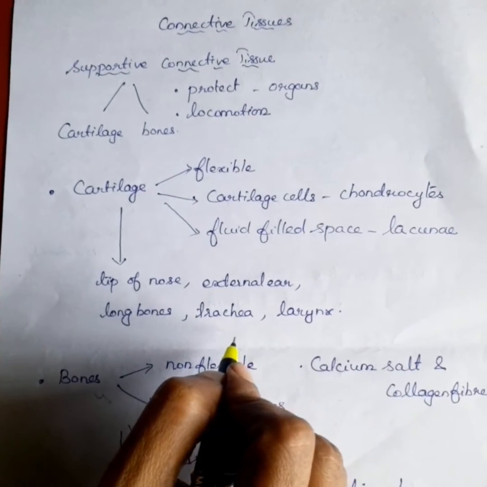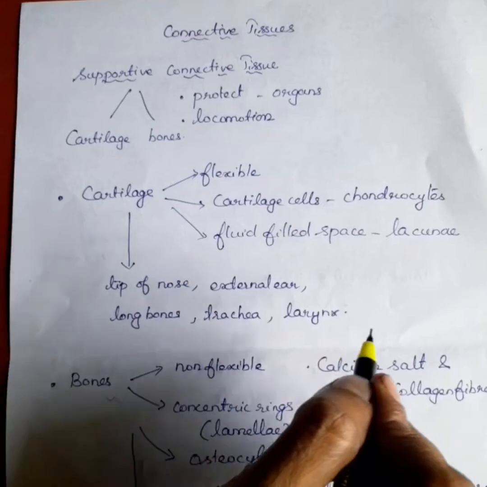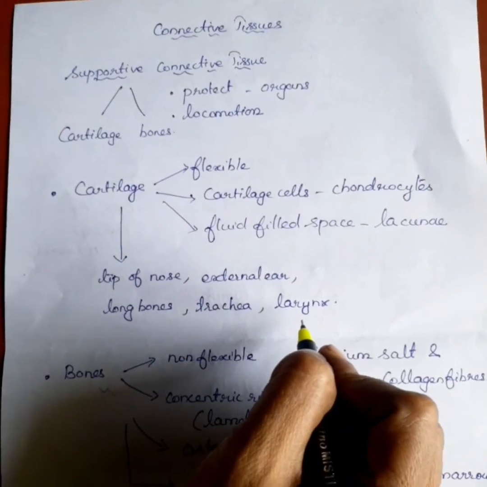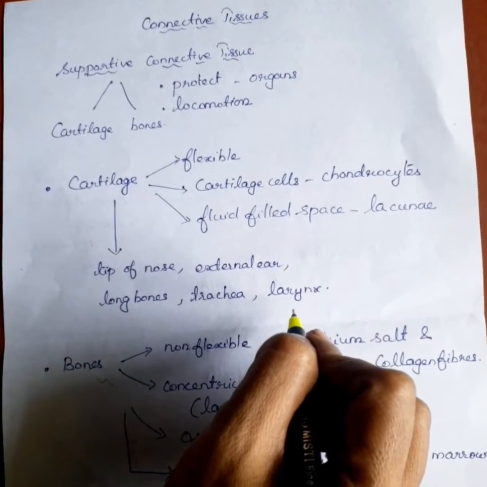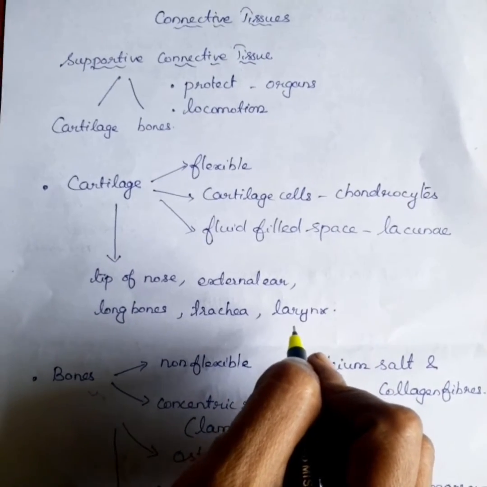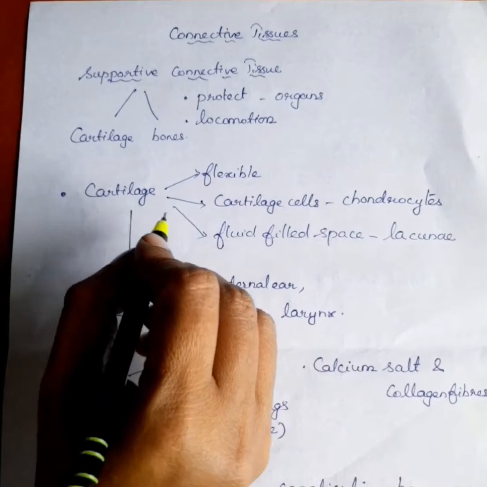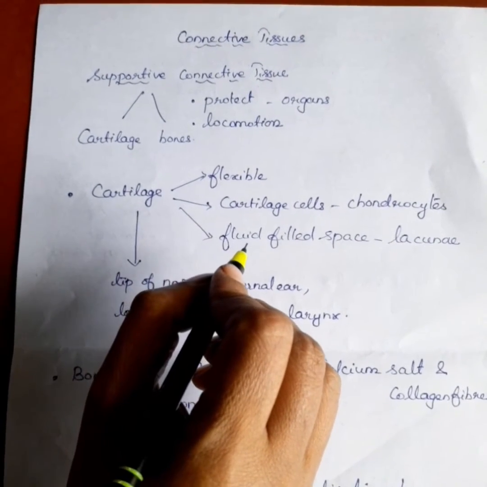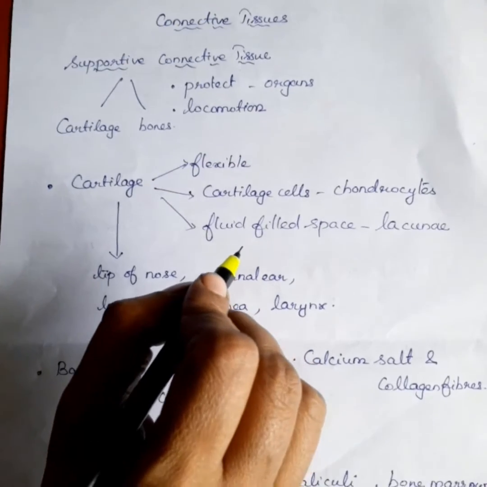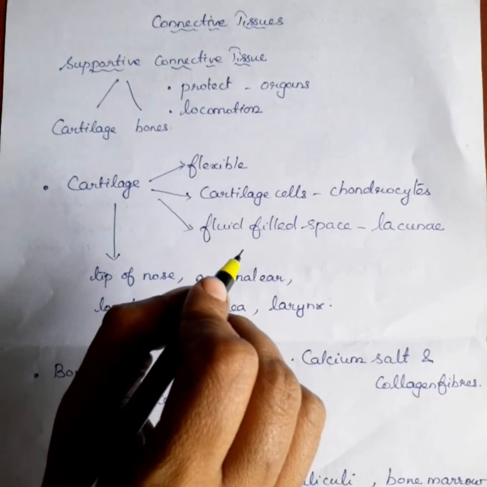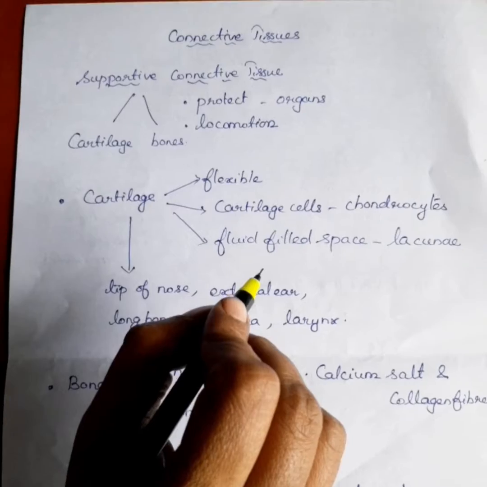Next, the larynx. The larynx is the voice producing part. What is the function of cartilage? It provides support and flexibility to the body parts.